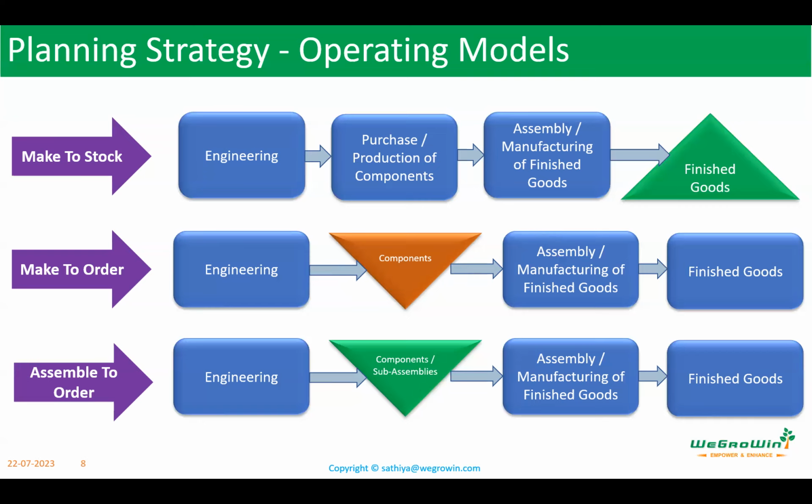They will be assembled only after we get the order from the customer. So instead of producing the material right from the beginning until the end, which may take one month, because I have my components readily available, I can produce this within maybe 2 days itself. That is assemble to order.